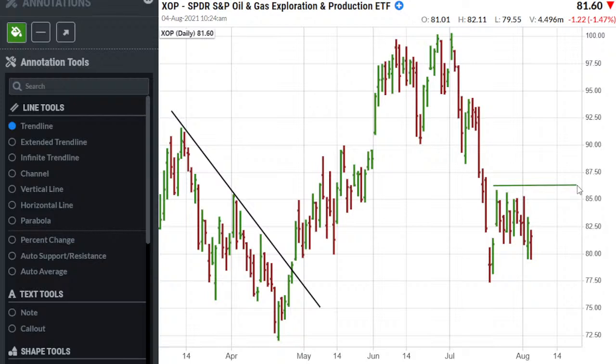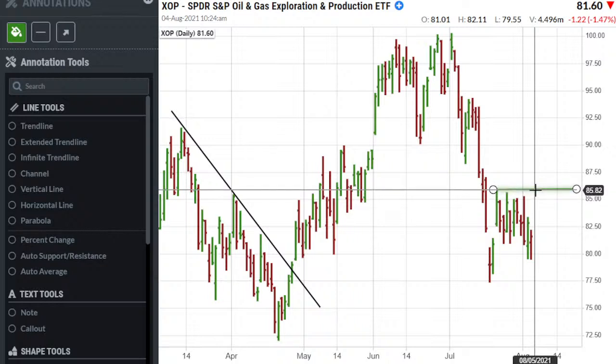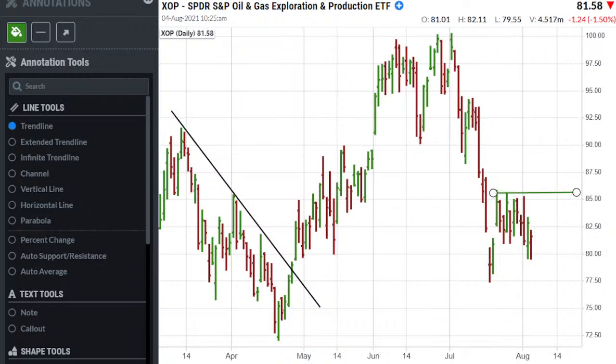It's going to have to break above. It's a little tricky to get these exact, but I'm going to try. It's got to come down a little bit. That's close enough.